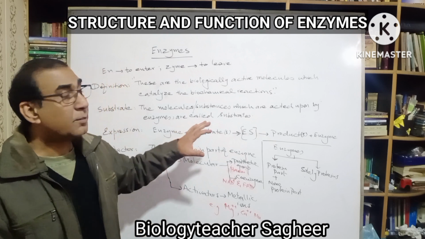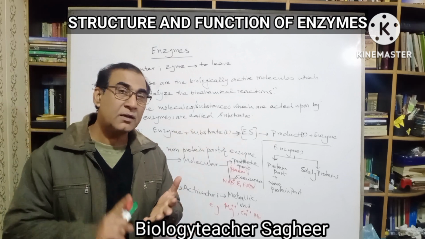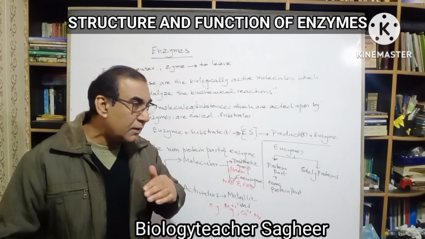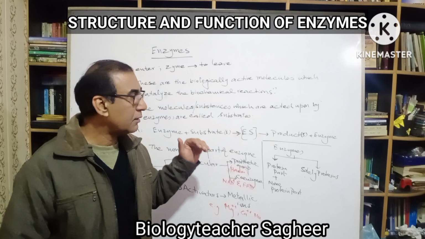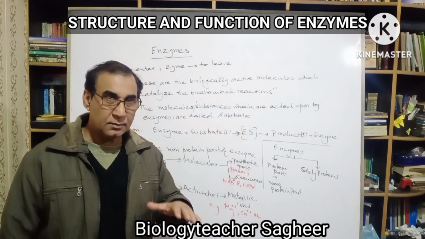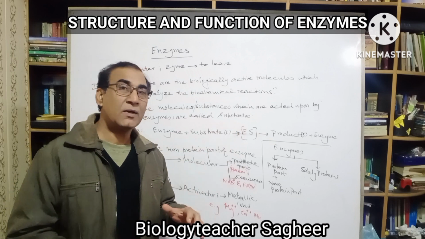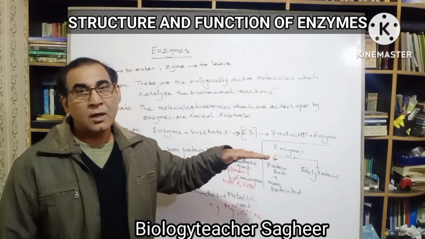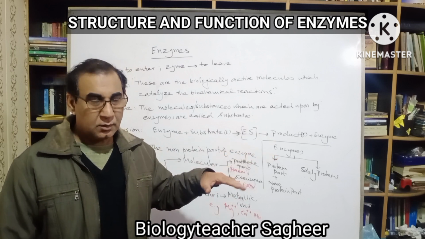Here, in case of biochemical systems, if you increase the amount of substrate, the speed of reaction would increase, but after a certain level there would be a constant speed. No increase would happen.